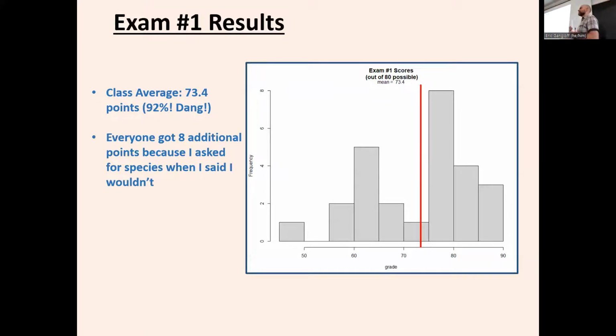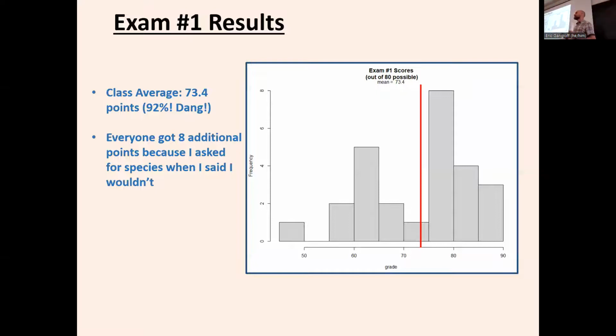I told you in the review session that I wasn't going to ask you to pull common names, or excuse me, Latin names out of nowhere, that I'd only ask you in the context of multiple choice. I then did that on the exam. So what I did was I graded the exams as they were, and then those questions asking you for those species names were worth a total of 8 points. So I just added 8 points to everyone's grade.